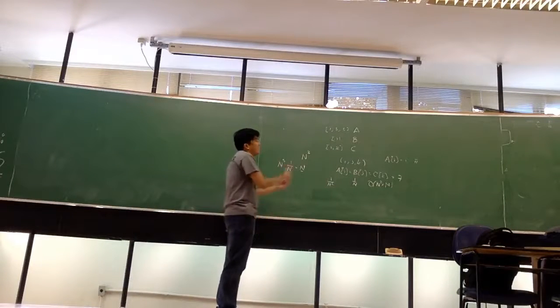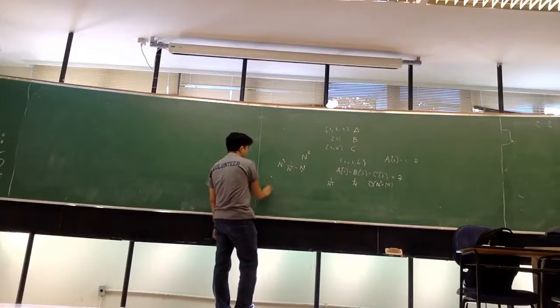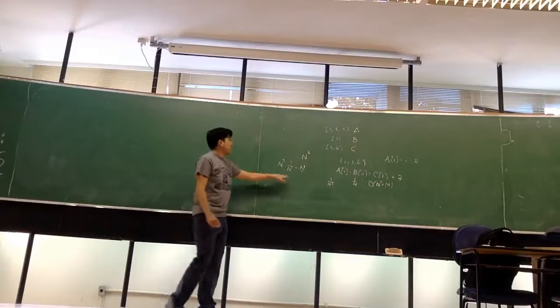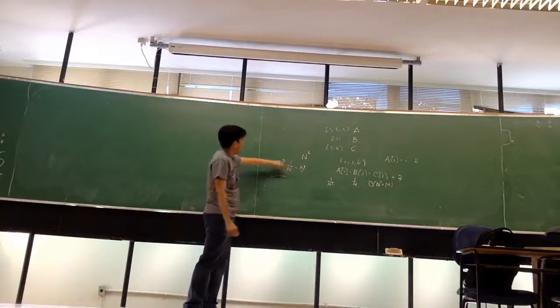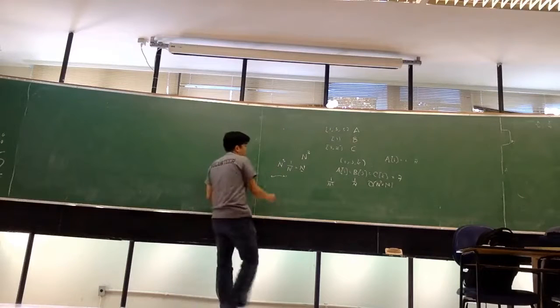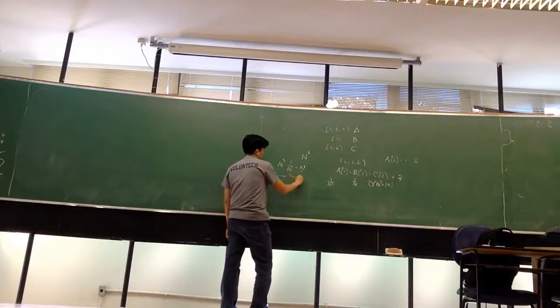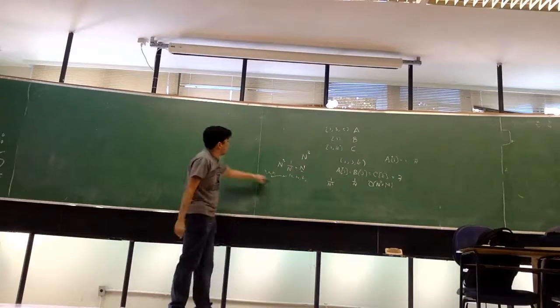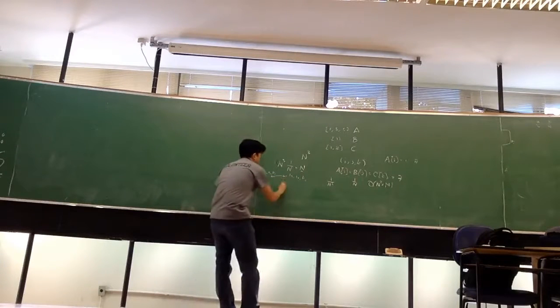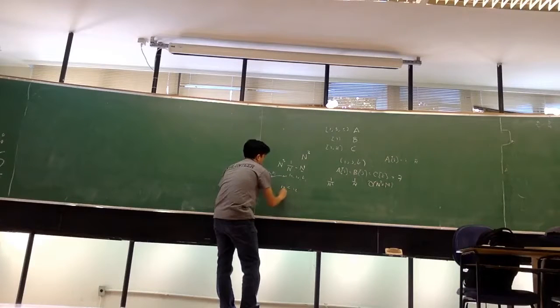Well, from here there are some different approaches. One of them is to look at each triple as a vertex of a graph, and you create an edge from one triple to the other if this triple can go after this one in the sequence. In other words, this is i1, j1, k1, and this is i2, j2, k2. You create an edge from this one if i1 is less than i2, j1 is less than j2, and k1 is less than k2.